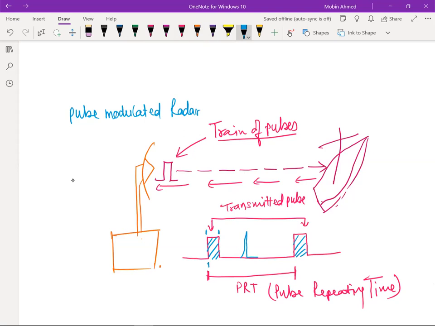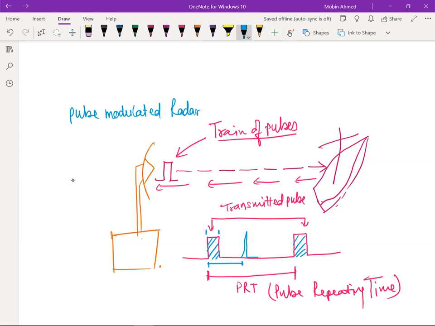So we know the distance between this and this, because we know the time. When I send this one, I start counting, and thereafter when it comes reflected back, it is going to appear, so I know the time. Although it is traveling double, so I will divide by 2, but I can calculate the time here. And if I can calculate the time, and the speed I already know, so I can determine the distance.